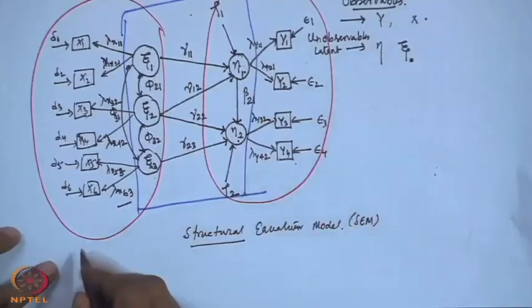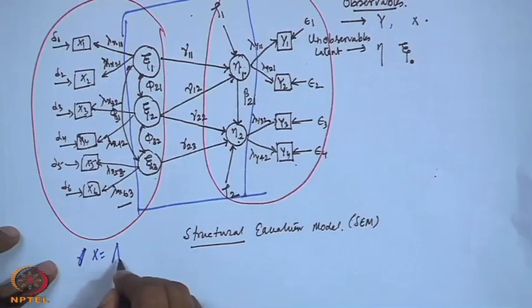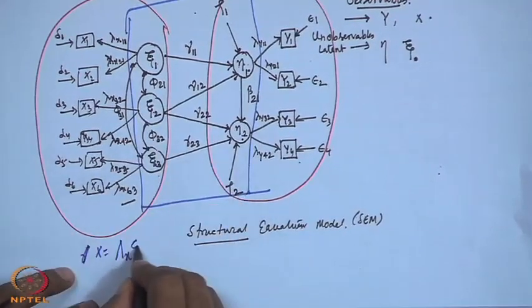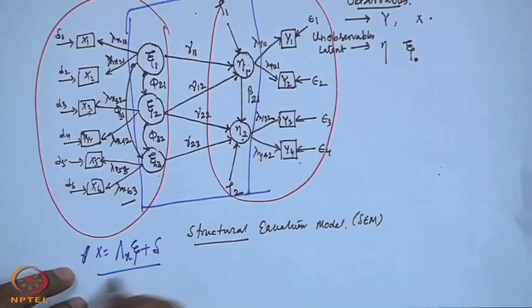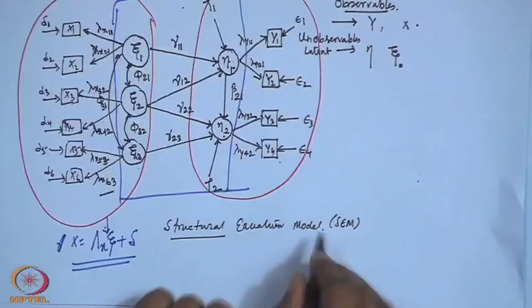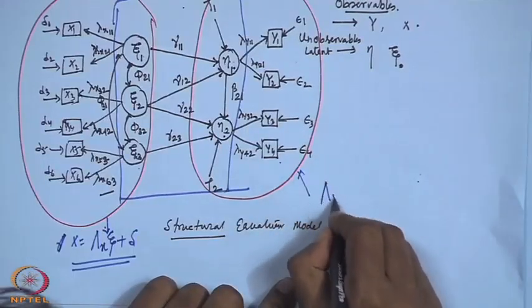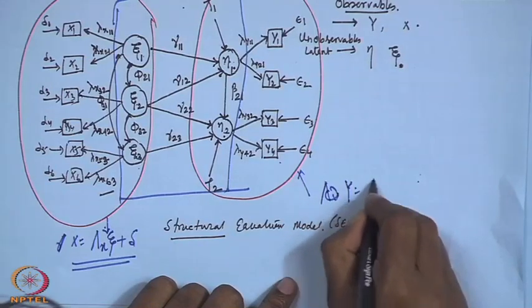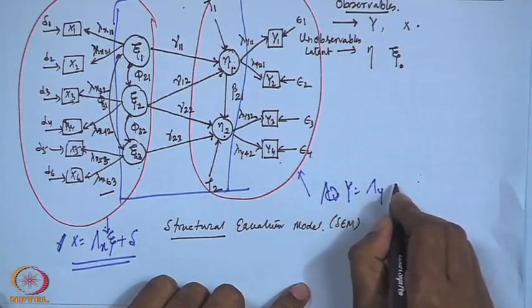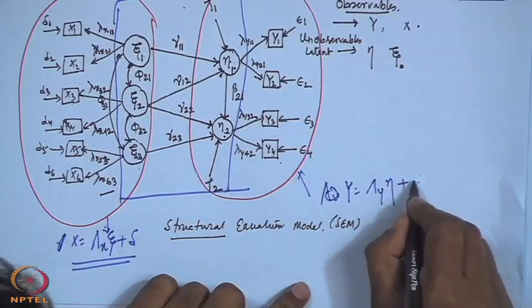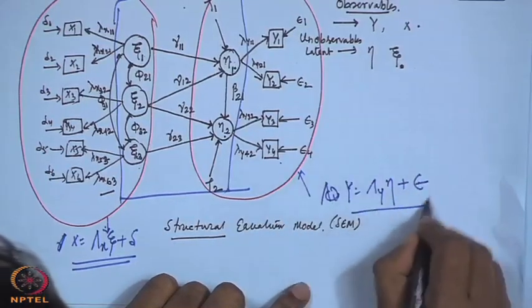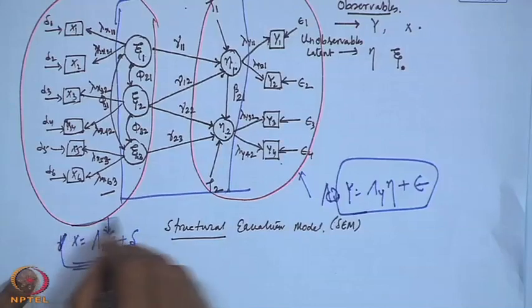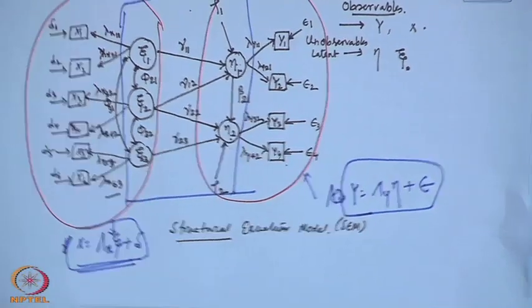And once you are happy with this, on this side my x is lambda x xi plus delta. This is my measurement model for this side, and this side will be y equal to lambda y into eta plus epsilon. This is my confirmatory path.